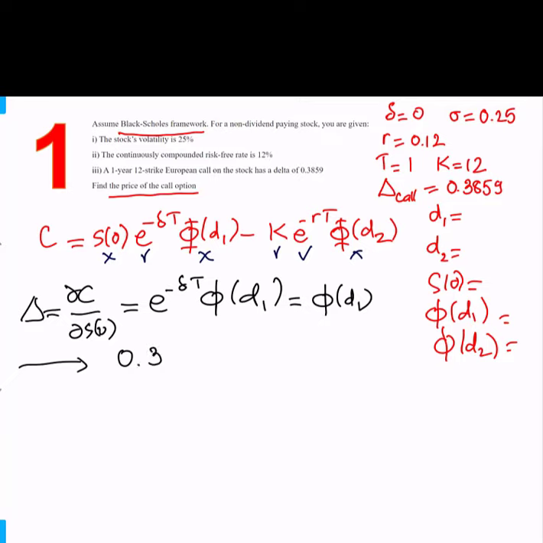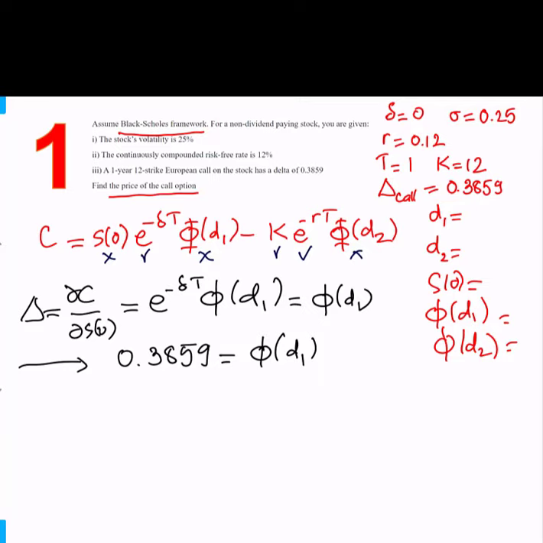Leading to delta here is 0.3859, which is equal to Phi of d1. So just use the normal distribution table. d1 should be the inverse norm of this number. You either can use technology or you can use the table.